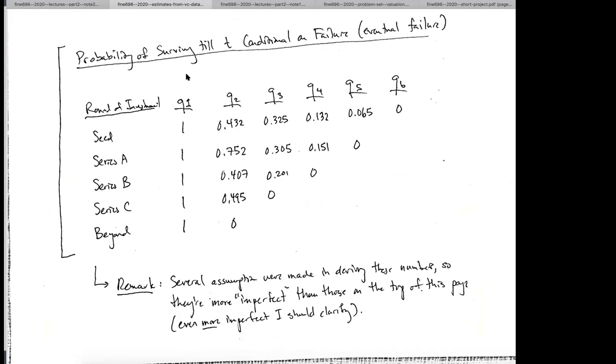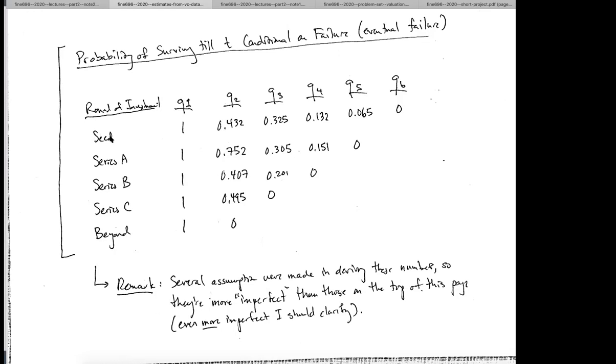So the way to read this table is, if you look at a seed stage investment, even in the scenarios where that seed stage investment eventually fails, the company survives for one period always, because it's raising capital. Since it raises capital, it's going to be able to survive at least over the next year.